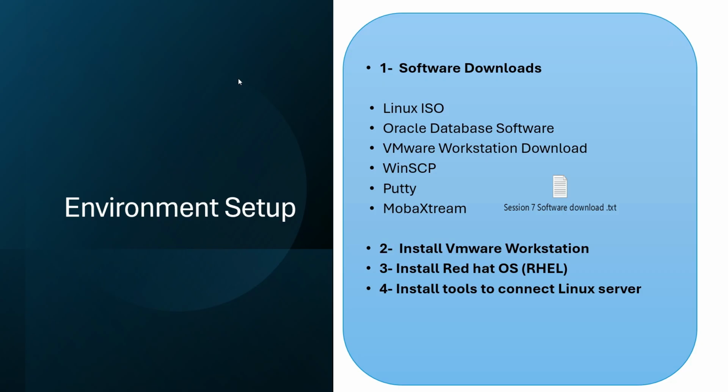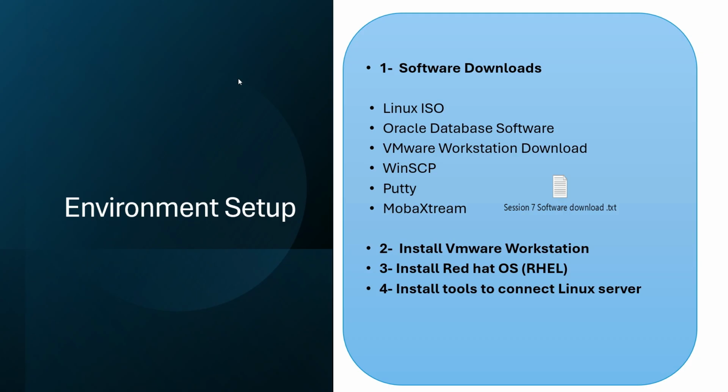And the third one is the VMware Workstation download. I will be sharing the links with you for Linux, Oracle, VMware, and also WinSCP and Putty, MobaXterm. WinSCP, Putty, and MobaXterm are the tools which connect to your Linux server.